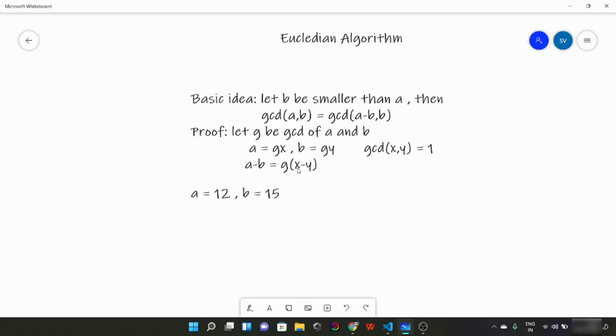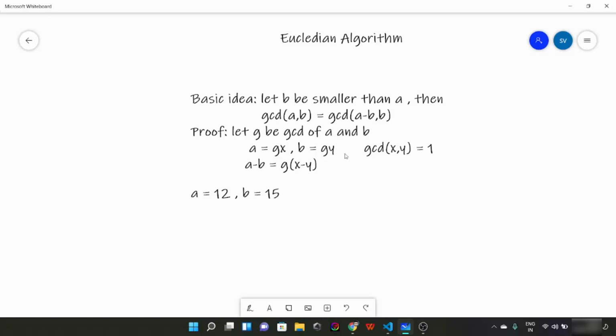So the main idea of the program would be to have this x minus y as 1. So how can we achieve that? So what we are going to do is that unless A is equal to B, we'll use a loop, and we'll continuously subtract the smallest number from the biggest number.